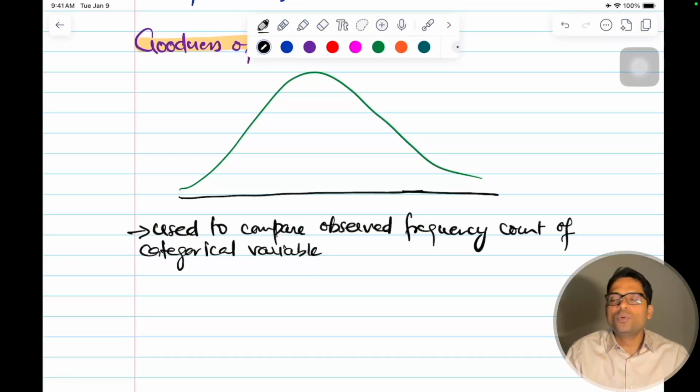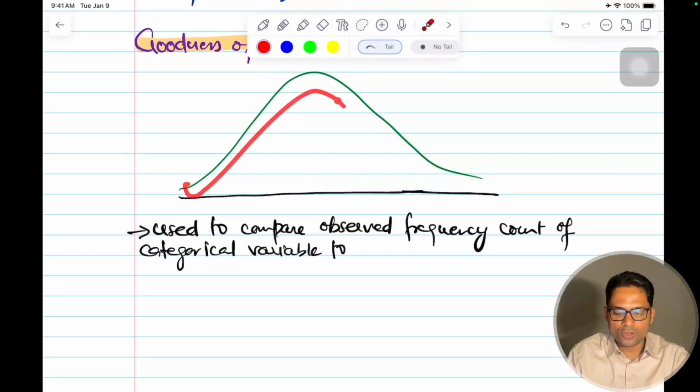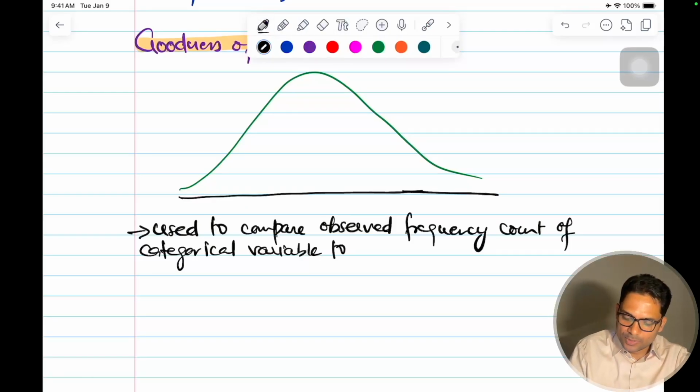To a hypothesized or expected distribution. So I expect my distribution to be normal or any other distribution, or t distribution, something like that, a hypothesized or expected distribution.